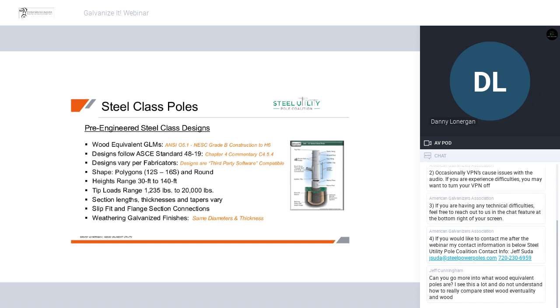Lower voltages in relation to wood all kind of have a pretty close correlation to wood for various reasons, which would simply be constructability. Slip fits and flange joints are typically found in pre-existing families. Again, a reference to 4819 is a space to consider between slip and flange.